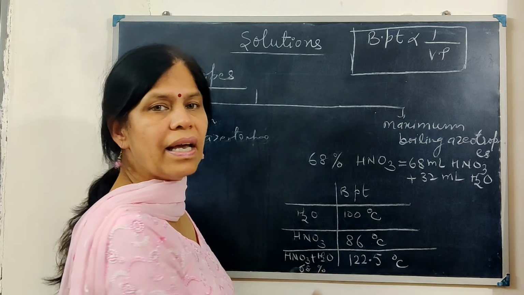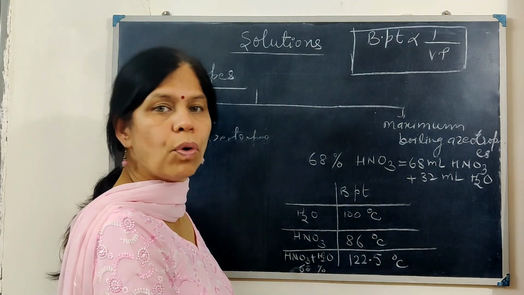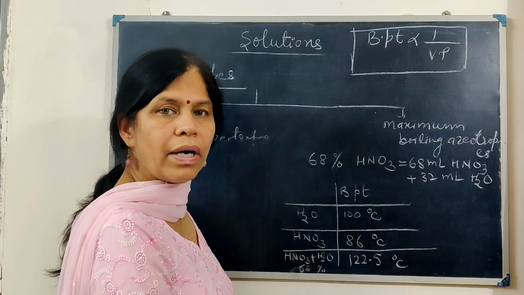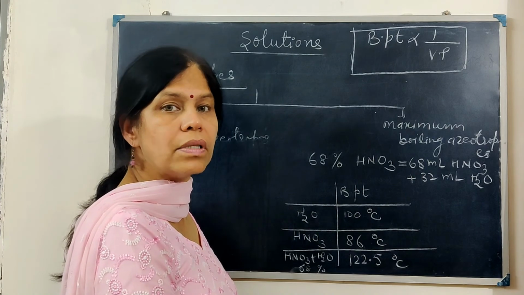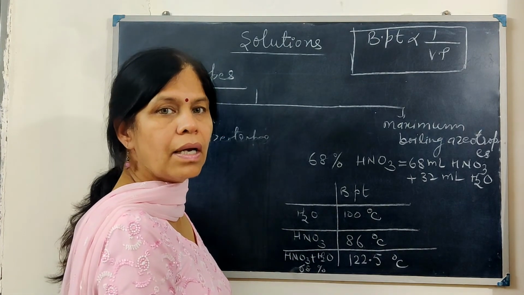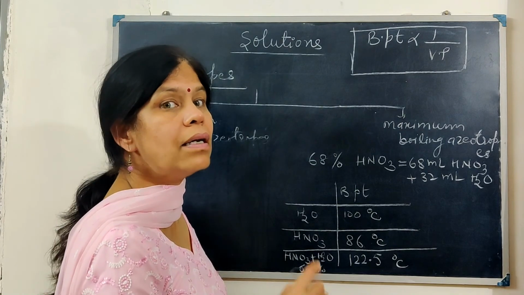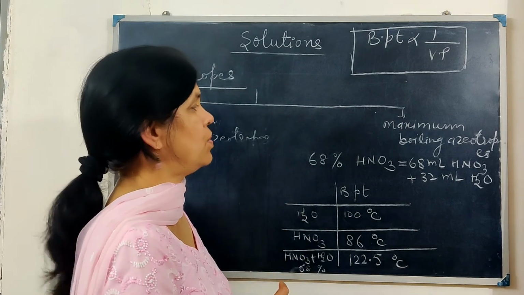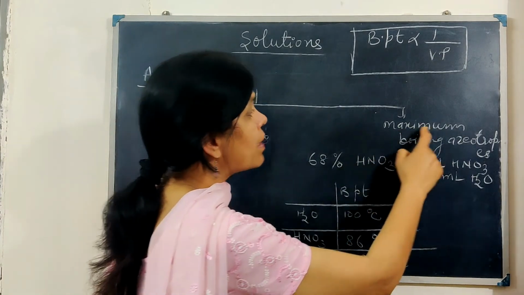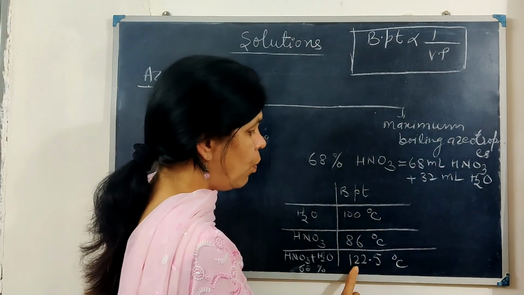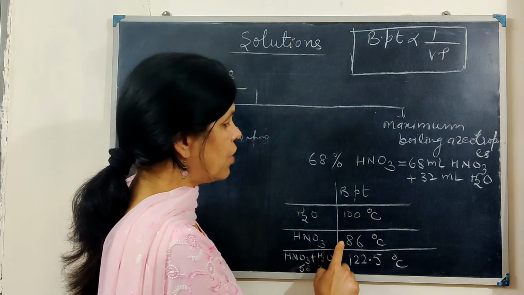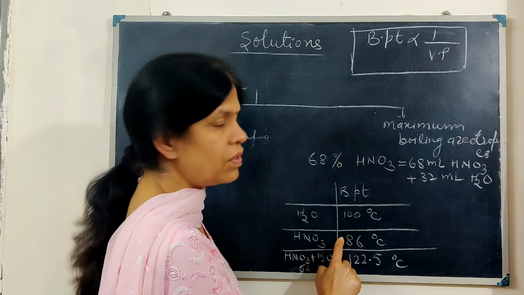Both of them behave as a pure component, a pure liquid. All azeotropes are called constant boiling mixtures, because they boil at a constant temperature at a definite composition. Why am I saying this is a maximum boiling azeotrope? Because the boiling point of this mixture at this composition is much higher than the boiling point of these two.